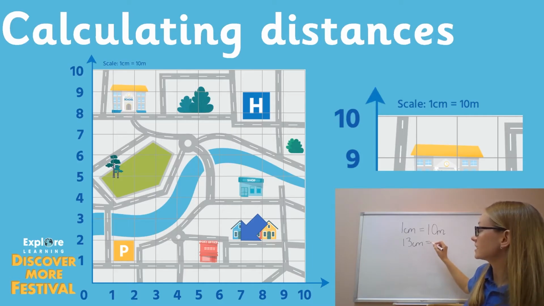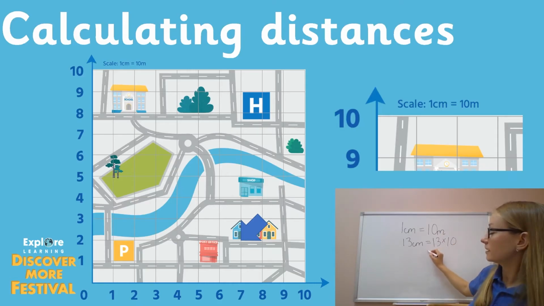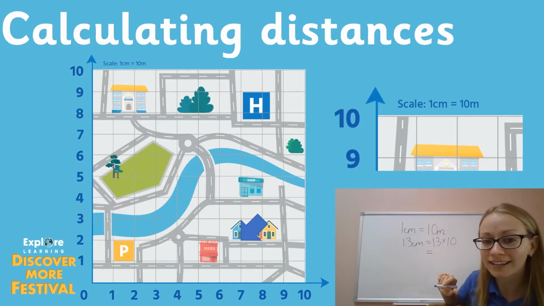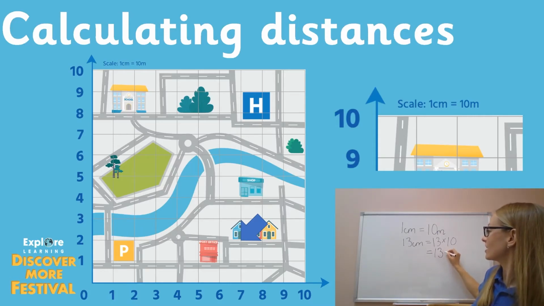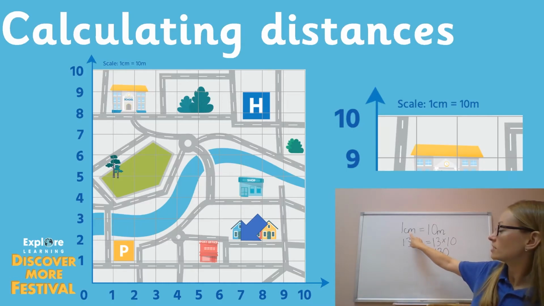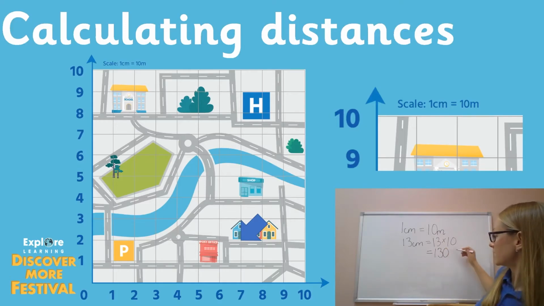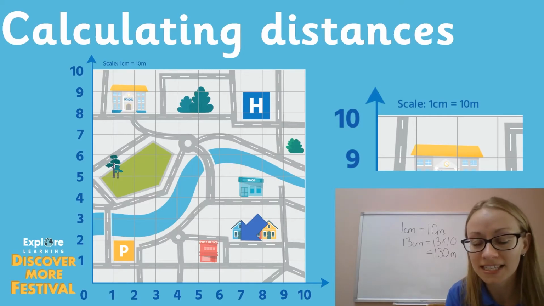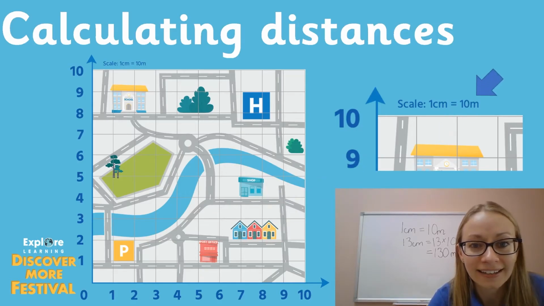We're going to do the same thing as before. 13 multiplied by 10 equals, if you can try it, excellent, 130. Okay, and we've converted from centimetres to metres. So I'm going to remember to put my units here of metres. So 130 metres is the approximate distance from the school to my home here.